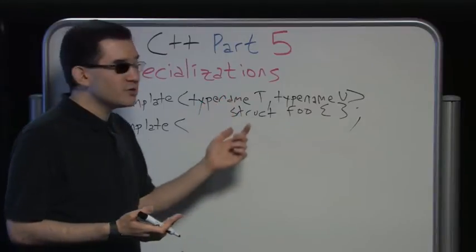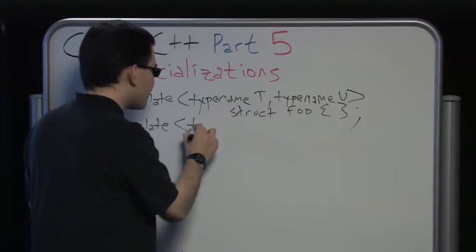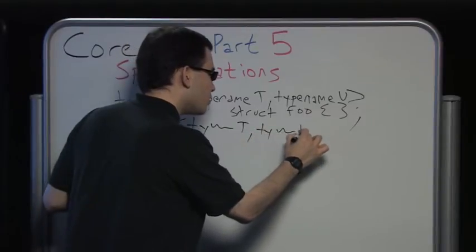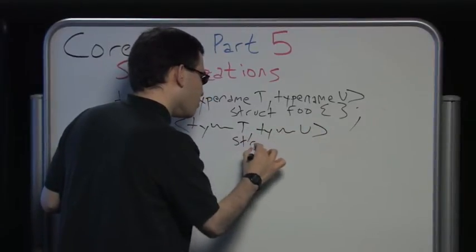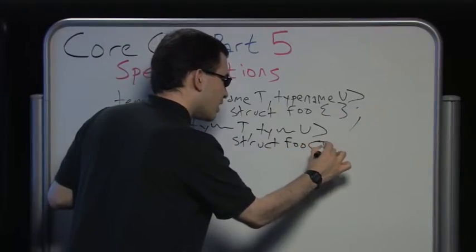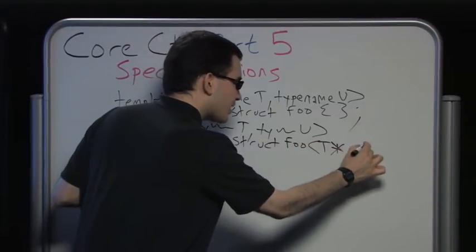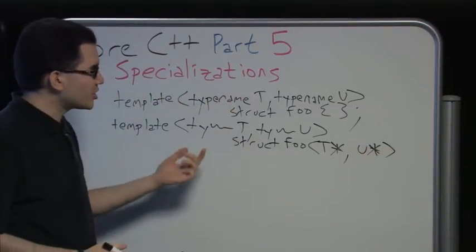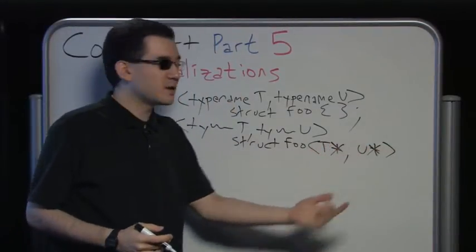So I could continue to use T and U, and say template on typename T, typename U, and this is a struct Foo for T pointer and U pointer. And now this is a partial specialization for when I have pointers on both sides.